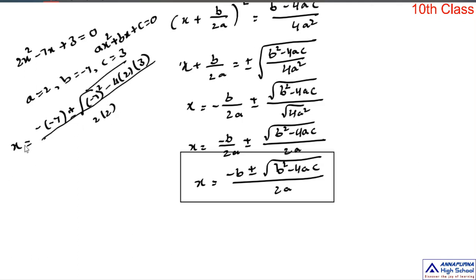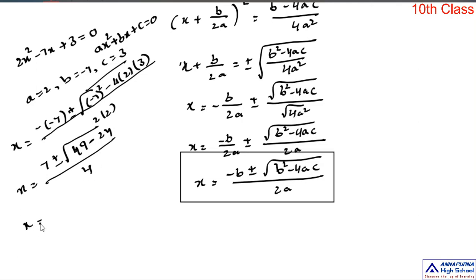Okay, so x is equal to minus of minus 7, it is equal to plus 7, plus or minus root of minus 7 whole square 49 minus 4 into 2 into 3, 4 twos are 8, 8 threes are 24, by 4.